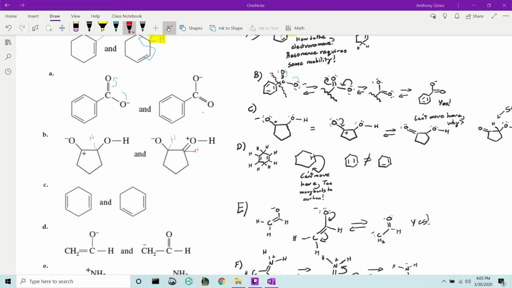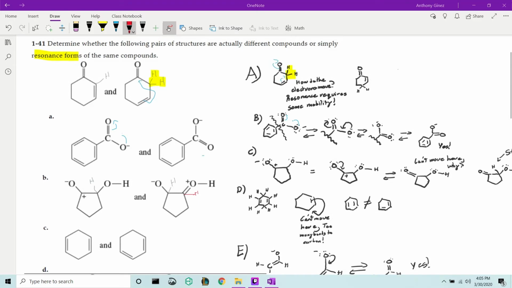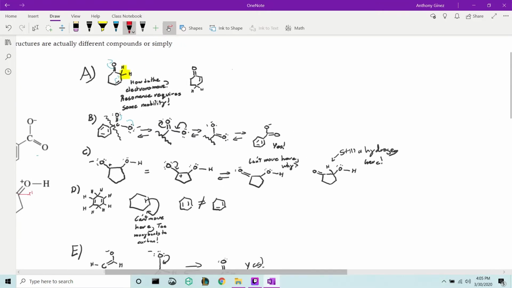The hydrogen would have to shift over, and there are ways for that to happen, but for this case, no. As better illustrated here, we can in fact create this carbonyl double bond, but this hydrogen can't move from this carbon.